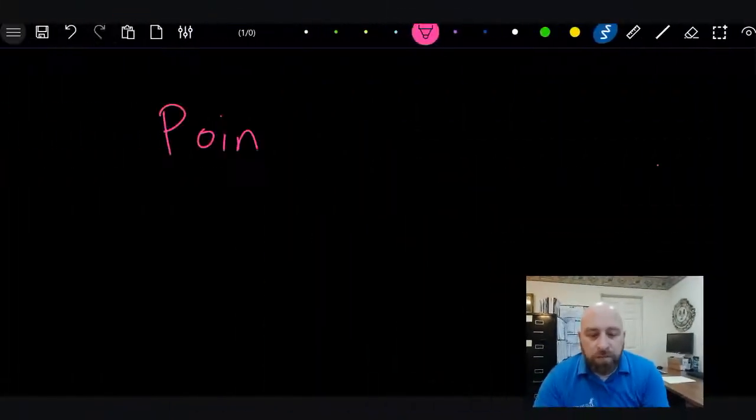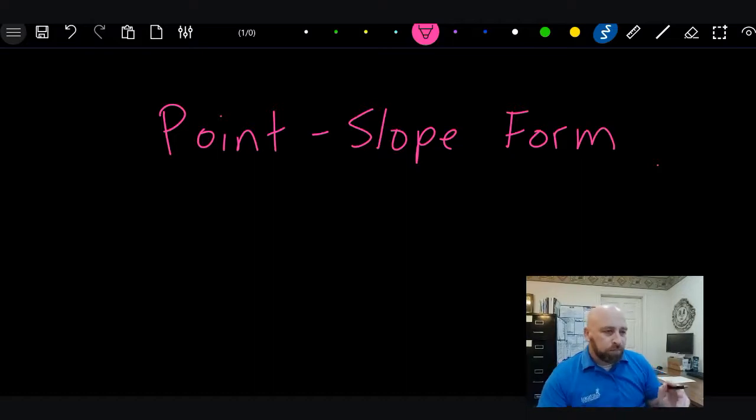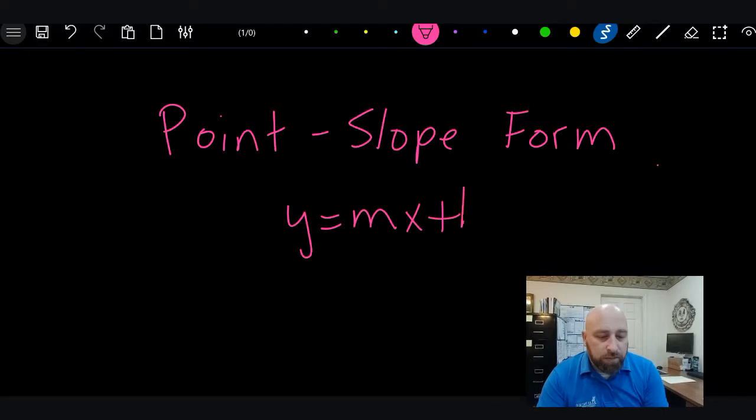Okay. So if you look on page 110, you'll see there it says lesson 3.5, point-slope form. Okay. And so, if you will, look down here at the screen. I'm writing it point-slope form. Now, it looks a little different, but I want you to try to remember back. And this is where just the other day we did y equals mx plus b.